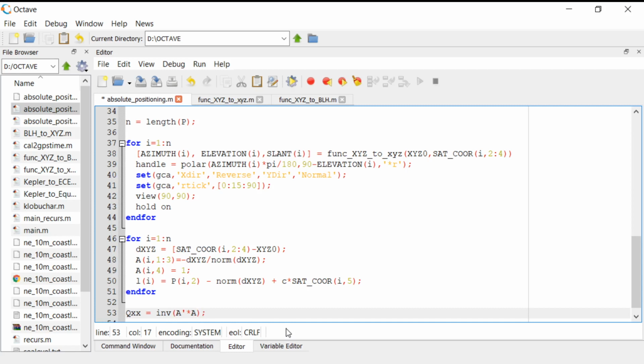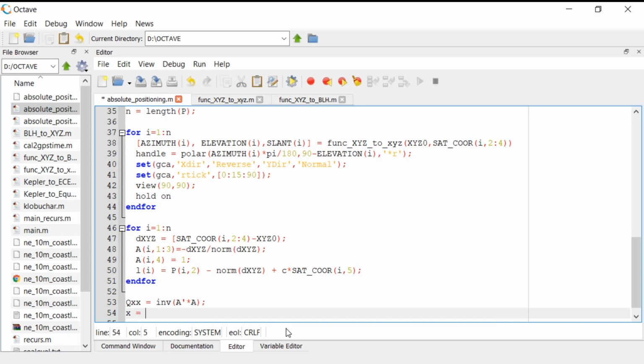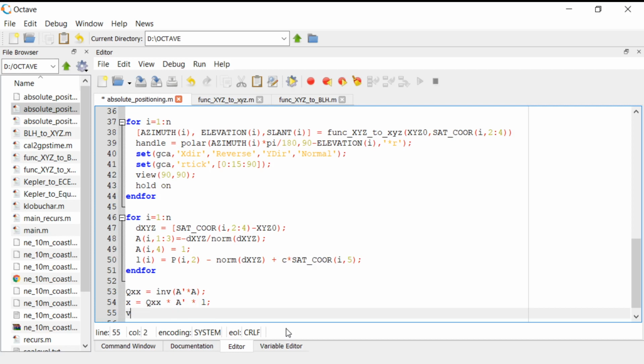So you can understand. These are the equations used for the least square solution. Now I'm proceeding. My unknowns will be QXX times A transpose times L. So I'm going to obtain the residuals, and the residuals will be obtained as A times unknowns X minus L.